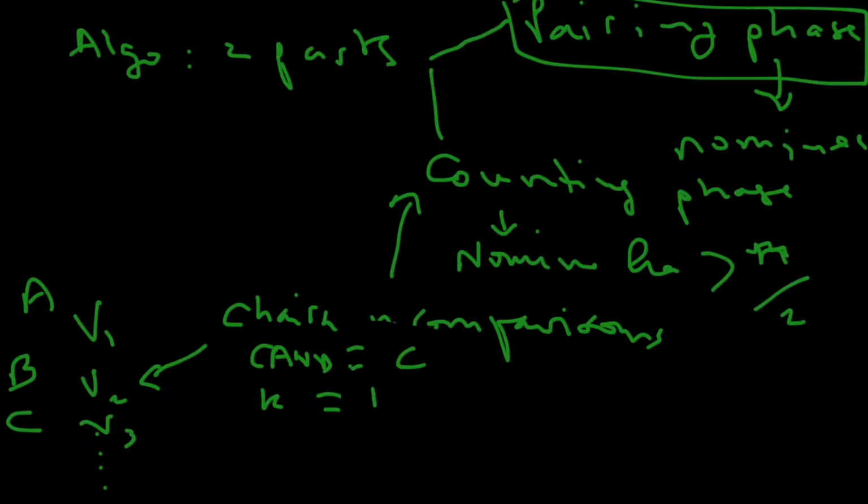And you get the idea. If V4 chooses candidate C, then we increment k to 2. However, if V4 has chosen A, then we decrement k by 1, so 0. And if the next one, V5, chooses A again, then k is 0, so we change the candidate to be A again, and we set k to 1.